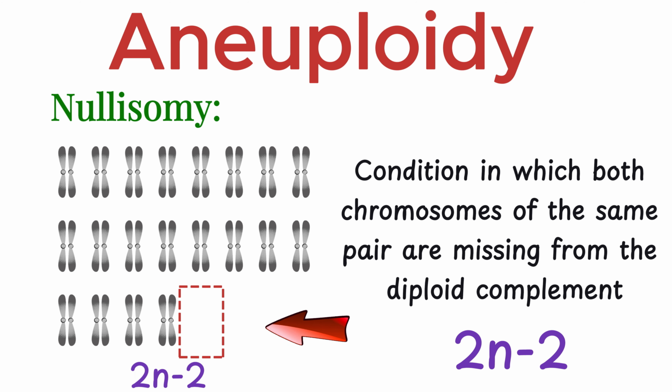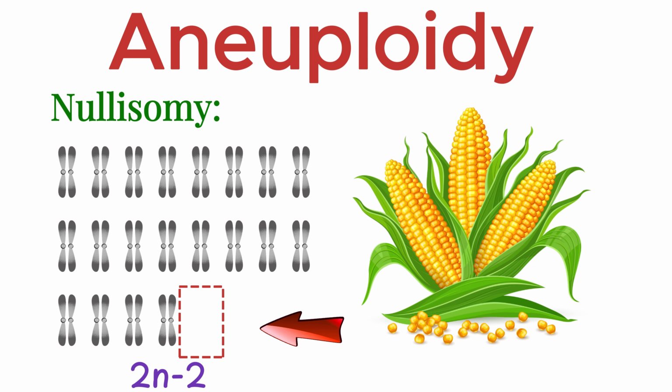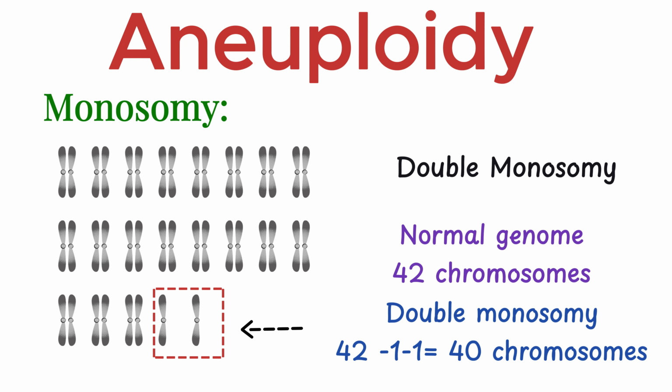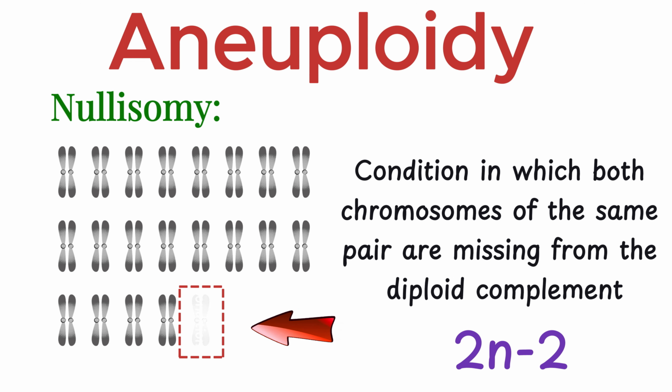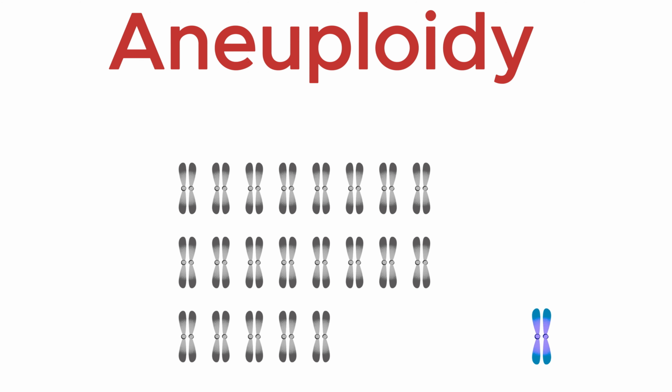This condition is generally lethal in humans and most animals, because the loss of a whole chromosome pair removes too many essential genes. However, in some plants, nullisomy can occur and the organism may still survive, though often with reduced vigor.